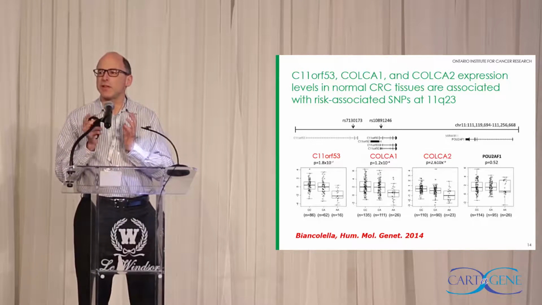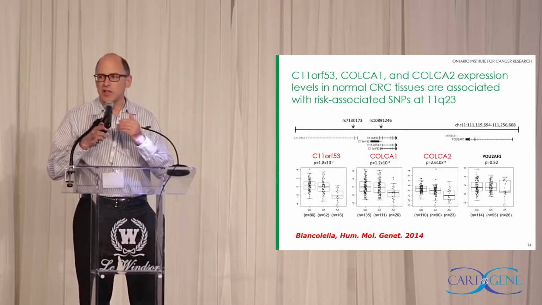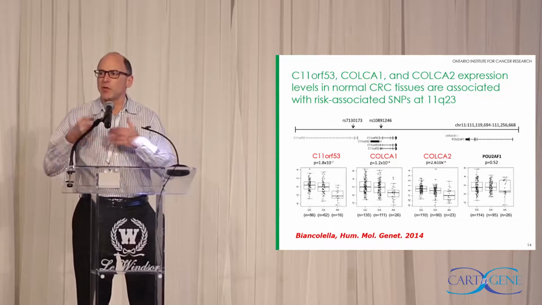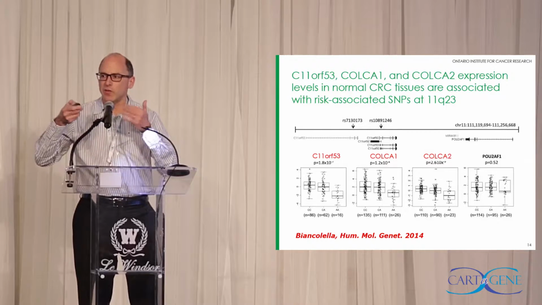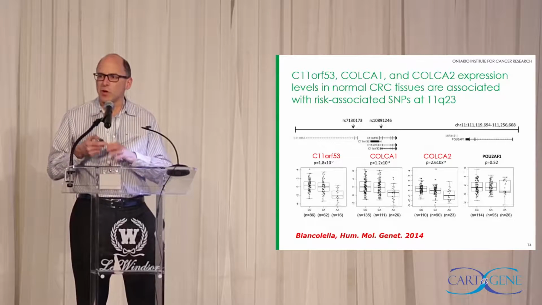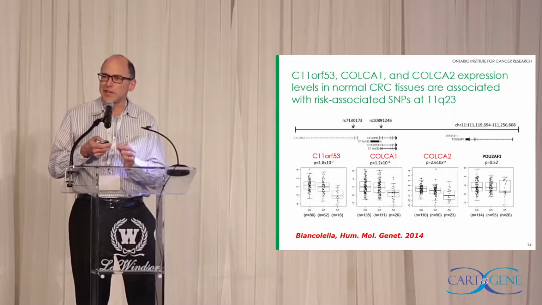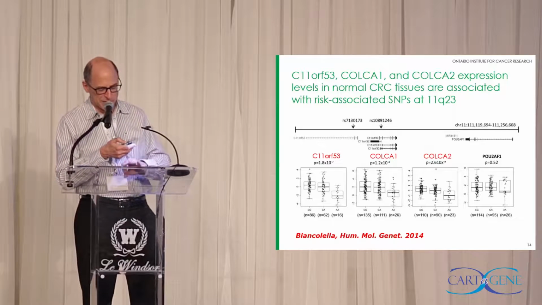So the genes are basically co-regulated by a common regulatory element. The genetic variation makes all 3 genes co-expressed at higher levels or lower levels at the same time when we look at colon cancer tissues. But one other thing I can tell you, they're not expressed in all the same cells. So it's not completely co-regulated, but that's another story.